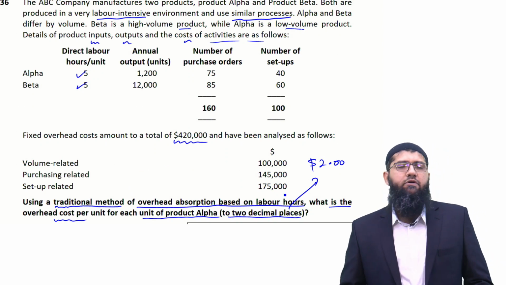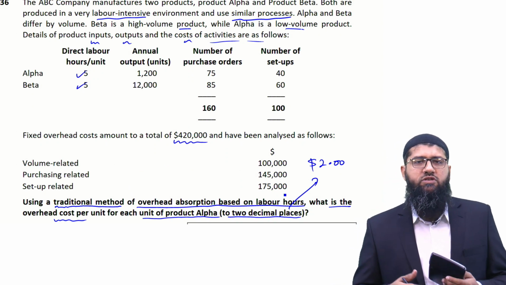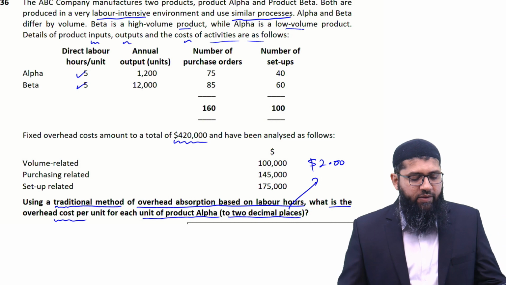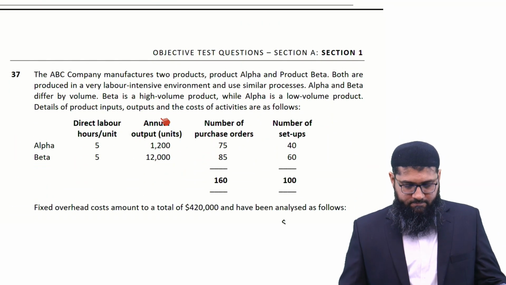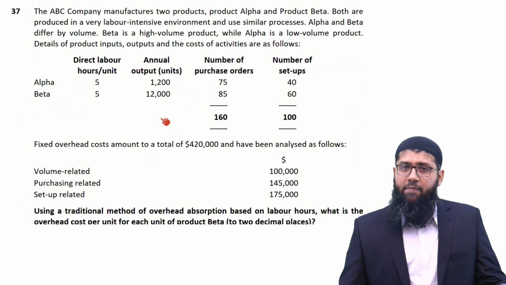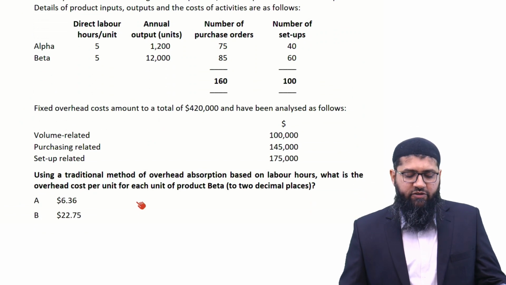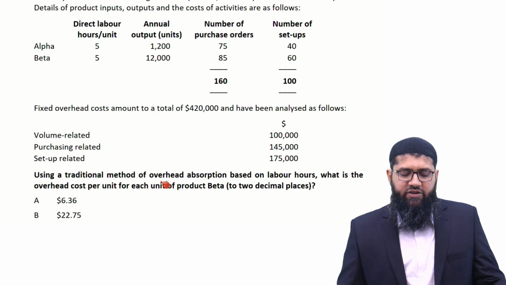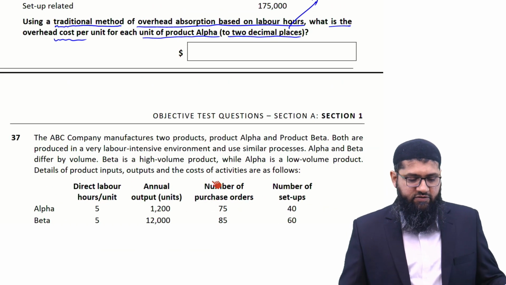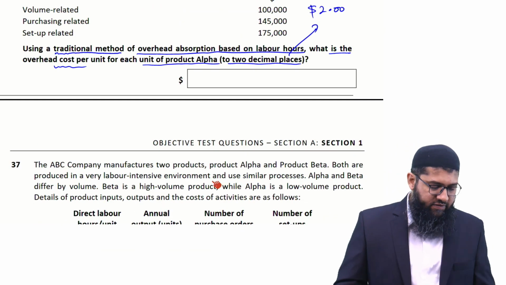There was no rocket science involved. It was a basic absorption costing question. Let's move a bit forward. Now the same example is repeated and the examiner says, using the traditional method of overhead absorption, sorry, just a minute. 6.36 is not the answer.